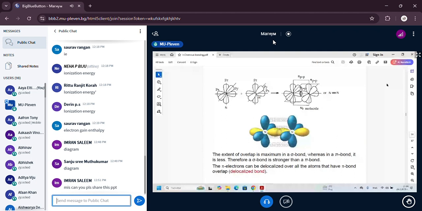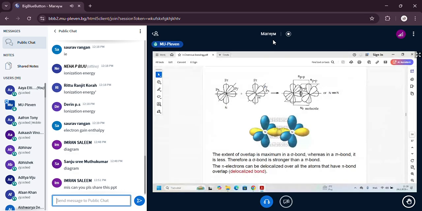Molecule of nitrogen, similarly. There are 3 p atomic orbitals of each nitrogen atom, which are directed toward X, Y, Z axes.